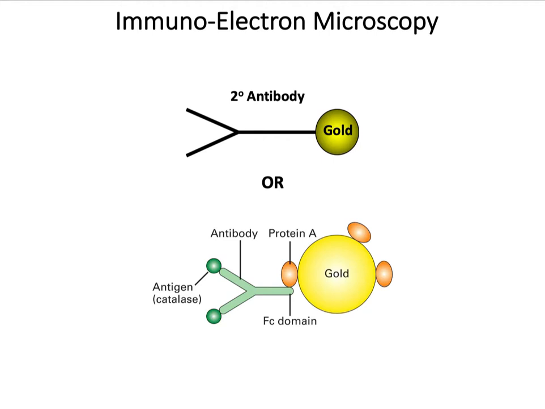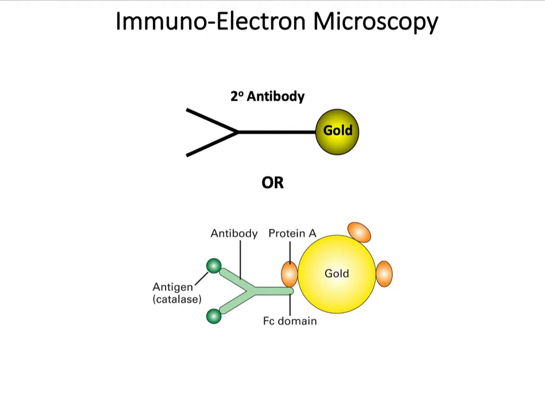Remember, there was a variation on fluorescence microscopy known as immunofluorescence microscopy, which relies on an antibody that binds to your protein of interest. There is a similar variation known as immunoelectron microscopy.